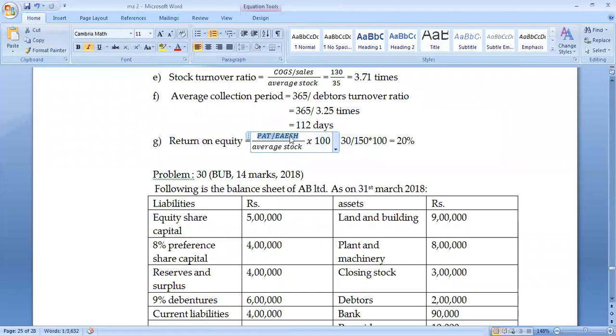So after paying the taxes, a certain amount remains for the equity shareholders. That is nothing but the return on equity. That will be divided by average stock multiplied by 100. So earnings available for equity shareholders is given, average stock is also given. So 150 multiplied by 100 will give you 20%.